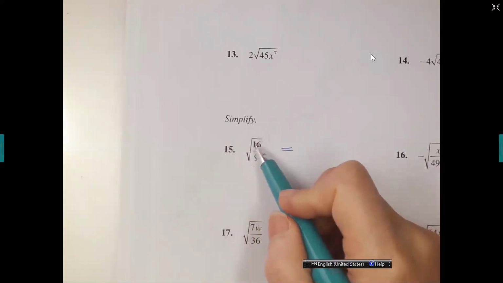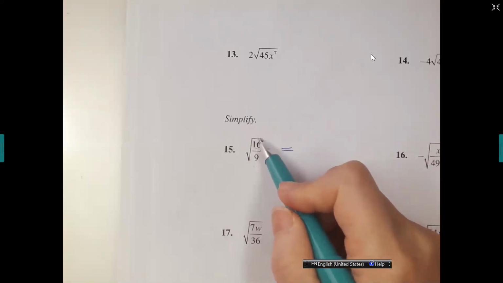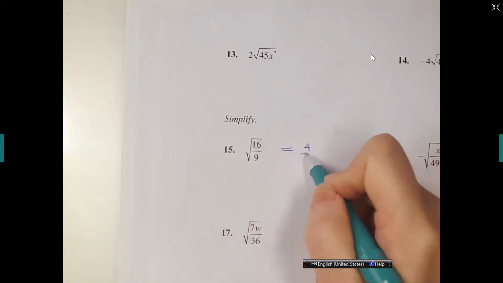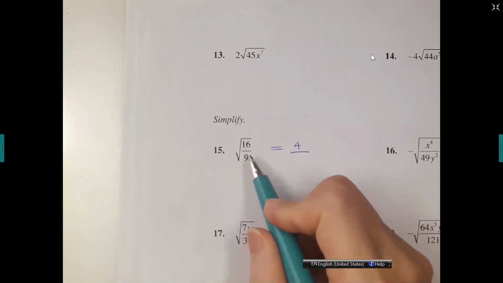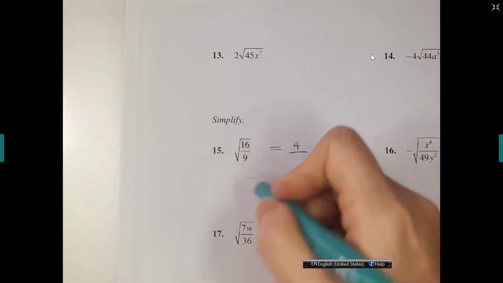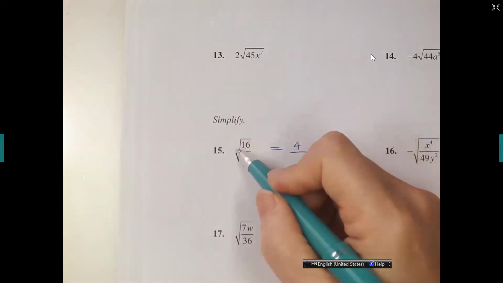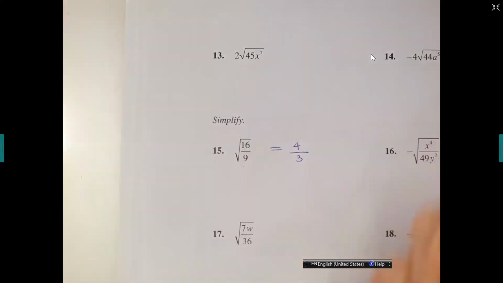It equals 4 squared. When we move this out, 16 belongs to the numerator, so 4 is still on top, on the numerator. This 9 was on the bottom. When we move 9 out, it will still be on the bottom. The square root of 9 equals 3. So that equals 4 over 3.